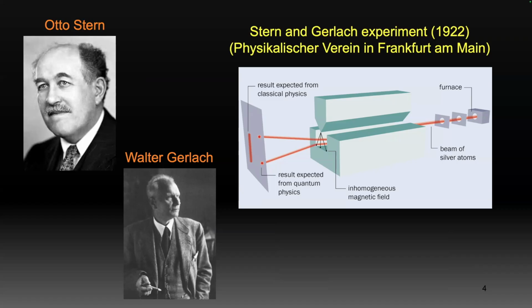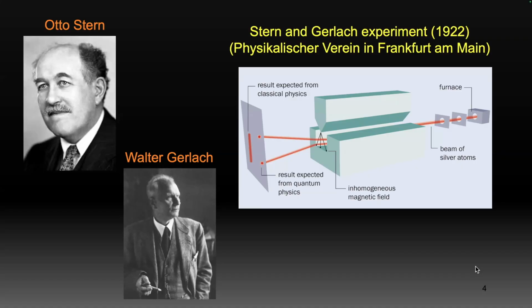This was a very exciting time because quantum physics was just coming up, and there were a lot of predictions and ideas, and especially in Europe, an incredible amount of discoveries were ongoing. Stern and Gerlach did this molecular beam experiment. They were really interested in testing Niels Bohr's idea of the atomic structure. In fact, Stern says that he didn't really believe that hypothesis, and he wanted to disprove it.